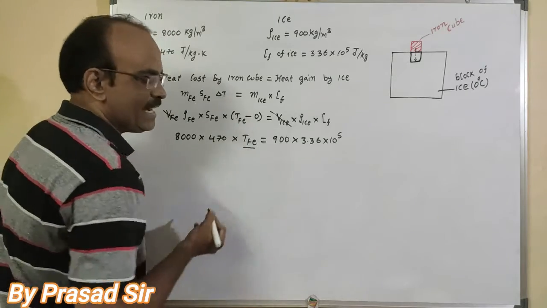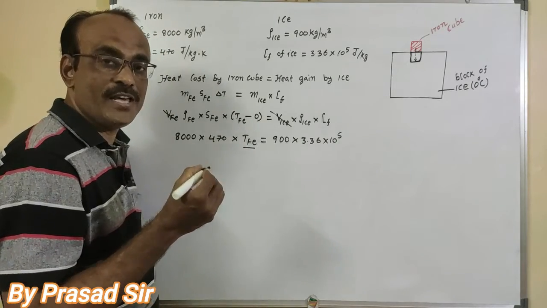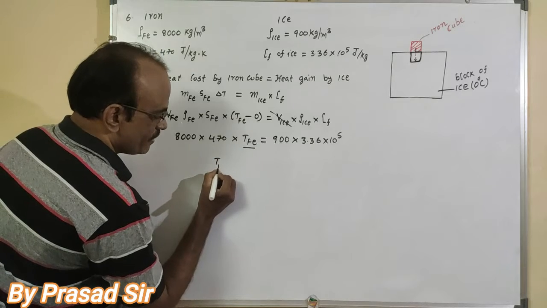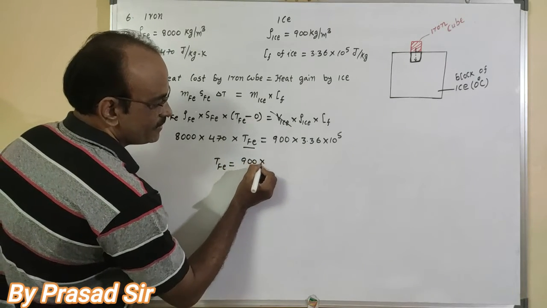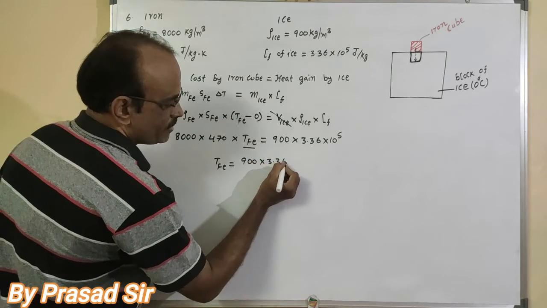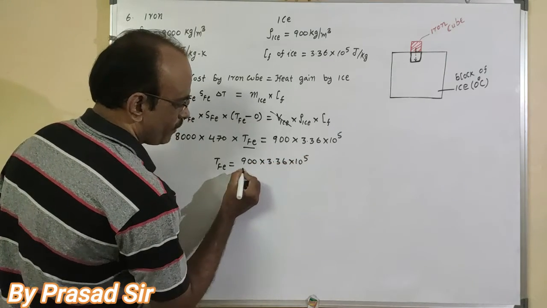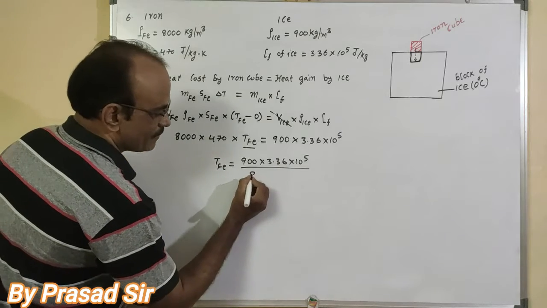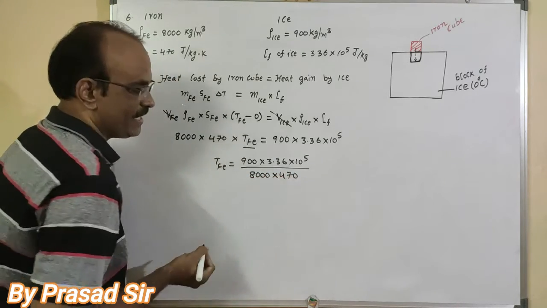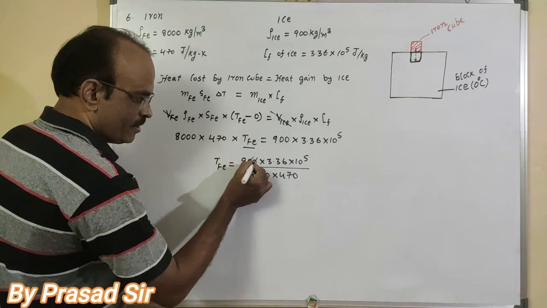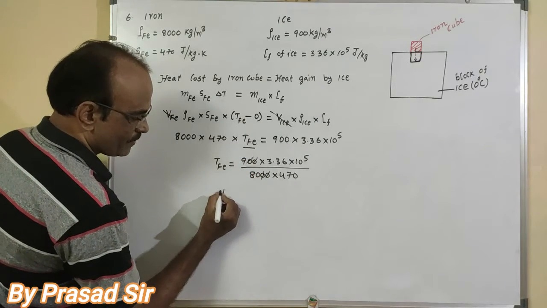But I want to calculate the initial temperature of the iron. So here initial temperature of iron is equal to 900 into 3.36 into 10 to the power of 5 divided by 8000 into 470. Here both the zeros are cancelled.